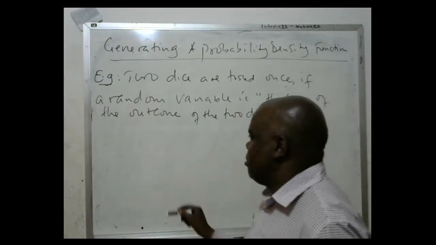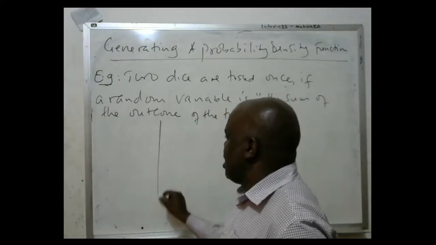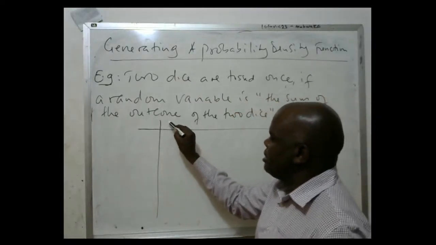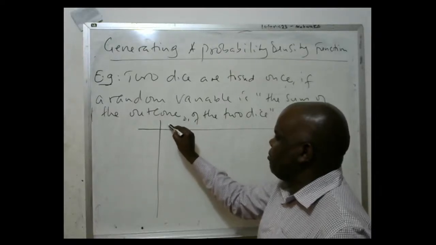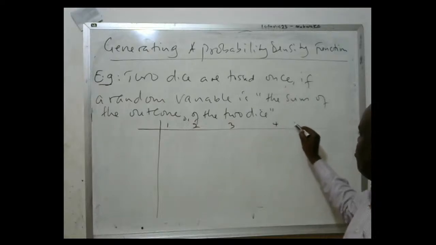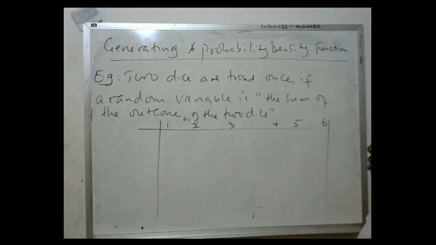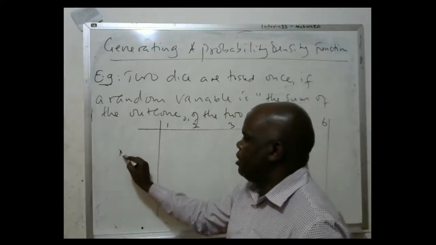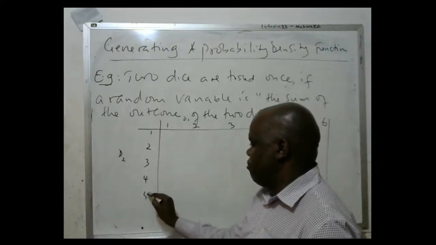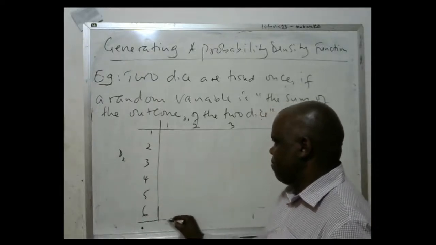That means, from our probability theory, we shall have our two dice having the sample space. The first die will be having 1, 2, 3, 4, 5, and 6 when you toss. Those are expected outcomes. Then we can also have die 2 having 1, 2, 3, 4, 5, and 6.